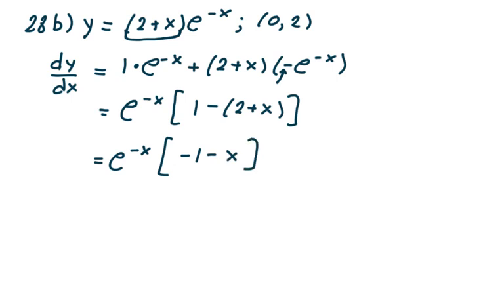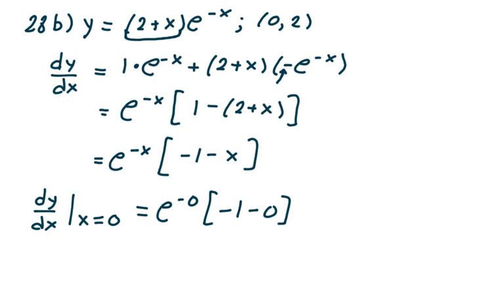It's not too bad. Now, we want dy/dx at x equals 0. So we need the slope of the tangent line. Well, I'm going to replace x with 0. So we get e to the negative 0 times negative 1 minus 0, which is negative 1.